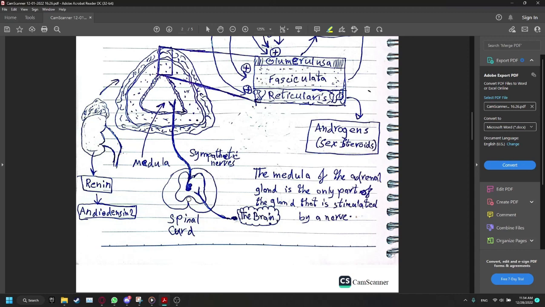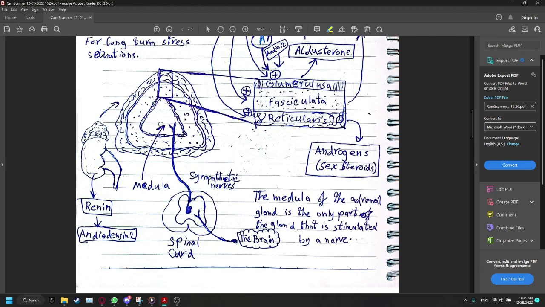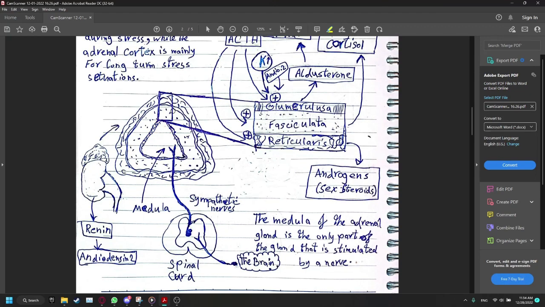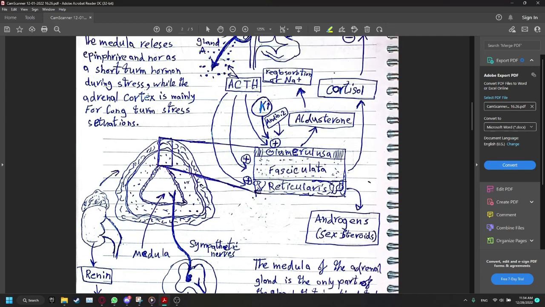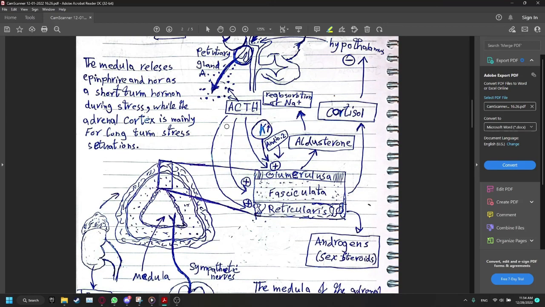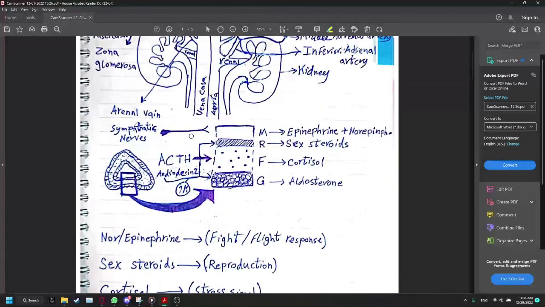As we said, the sympathetic and parasympathetic from the brain stimulate the medulla here, and the other layers would be reticularis, fasciculata, and granulosa. So basically, what stimulates these hormones is mainly ACTH.